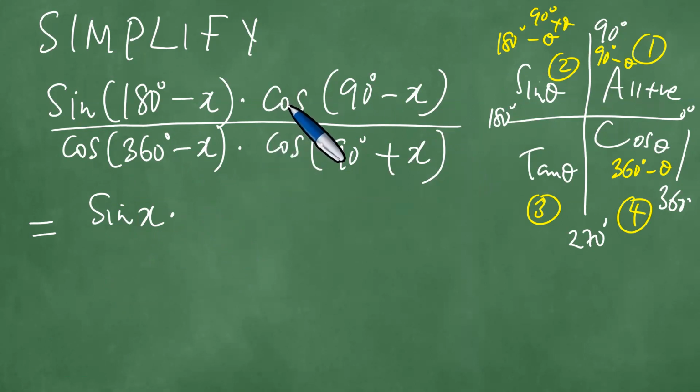But there's a co-function change at 90, because there's a co, according to the co-co rule, remove the co from cosine and you get the sine of x.